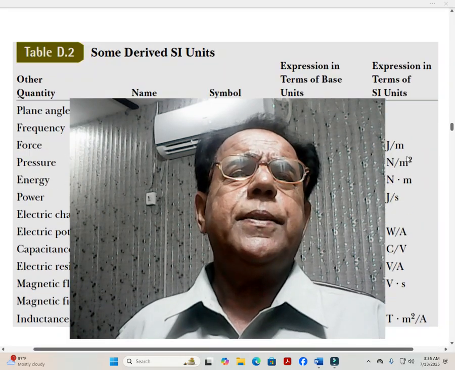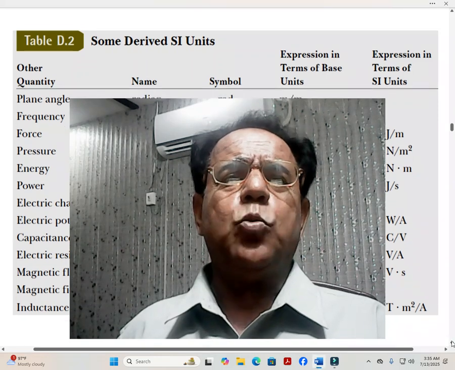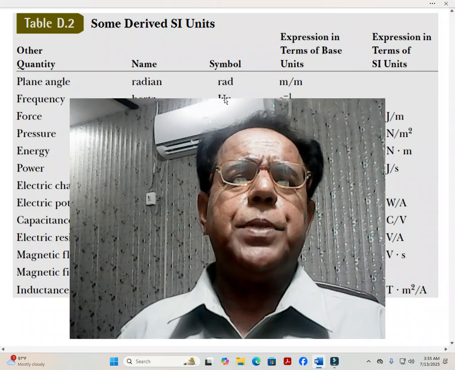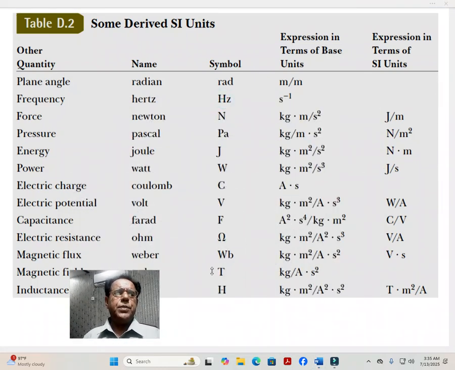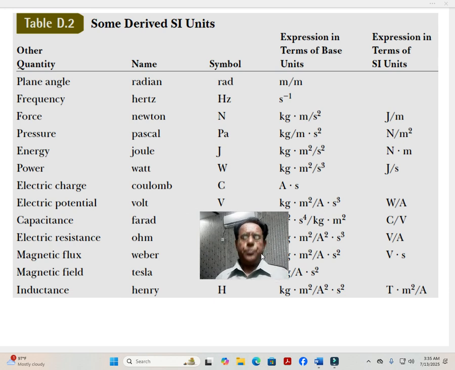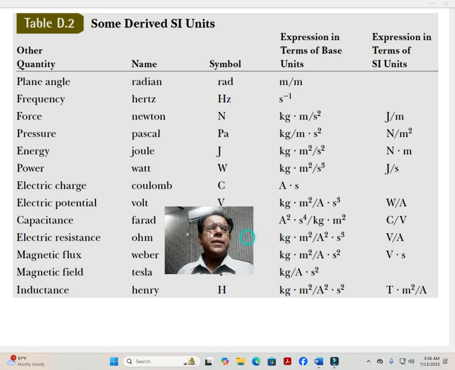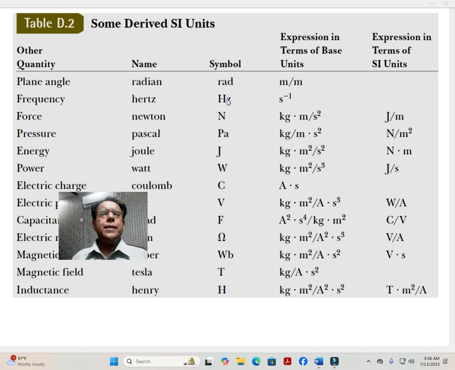Now dear students, next is a table of physical constants. This table has also been used in our previous videos. In this table we can see that expression in terms of SI units is given for various quantities except radian, hertz, coulomb and magnetic field Tesla.